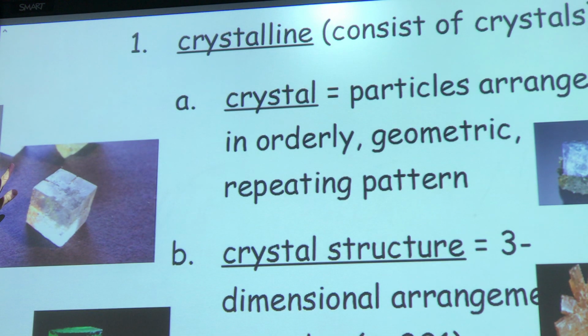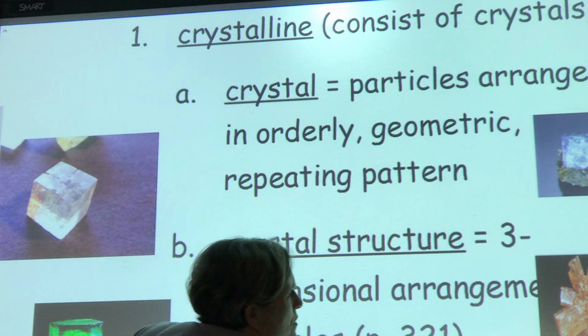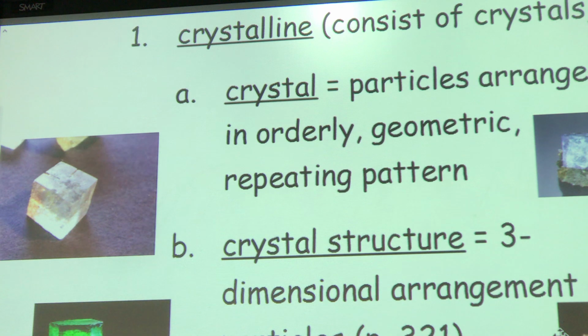We've got some nice pictures here. There's lots of crystal structures, lots of possible crystal structures. Okay? And a crystal structure is just basically the description of the three-dimensional arrangement of the particles. You'll find these descriptions on page 321.